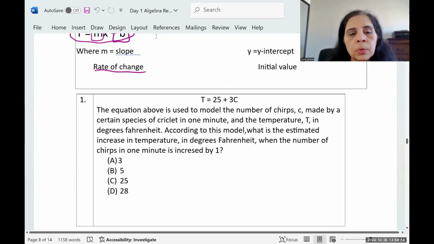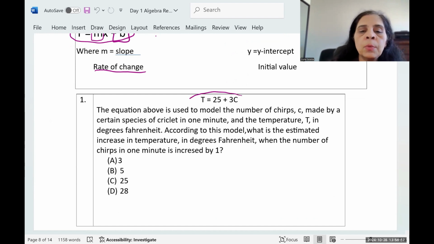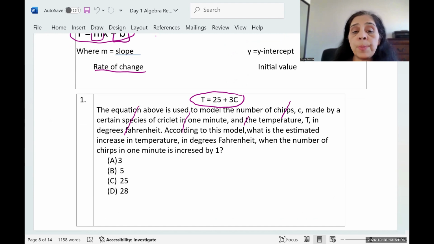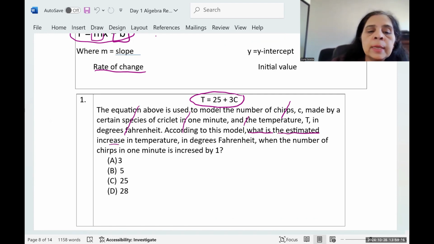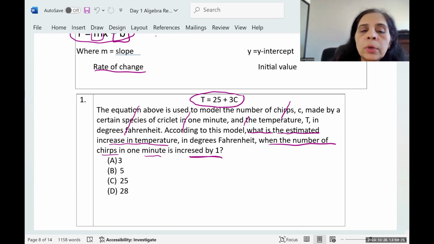So let's see what the question is. The given equation is t equals 25 plus 3c. I will not try to read all of this first. I will just focus on the main question, what they ask you. If I don't understand from there, then I will go back to read that. It says, what is the estimated increase in temperature in degrees Fahrenheit when the number of chirps in 1 minute is increased by 1? What is your c? c is chirps, right?